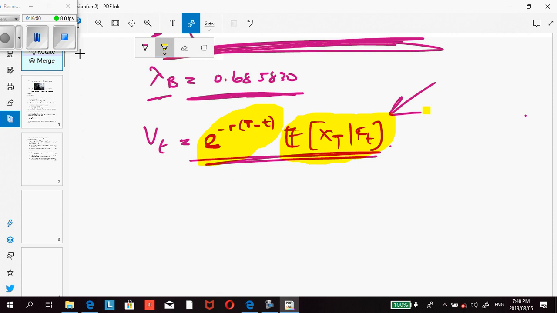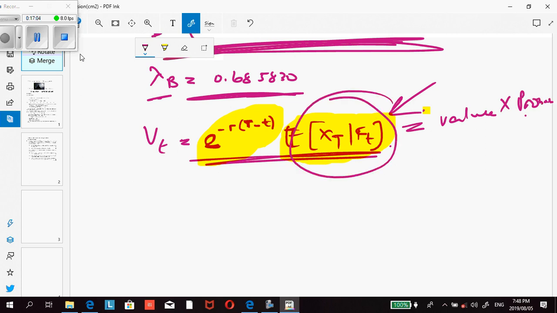Now, from your basic studies, you know that the expected value of any random variable is given by the value times its probability. But here it is the expected value of the payoff.